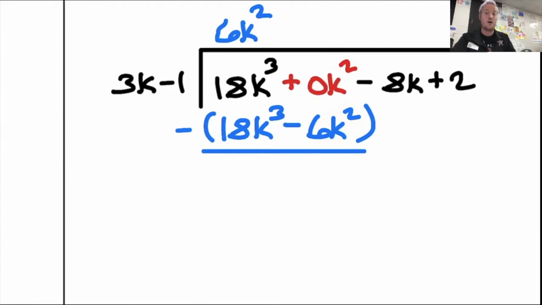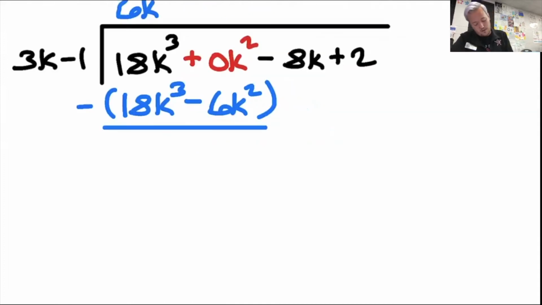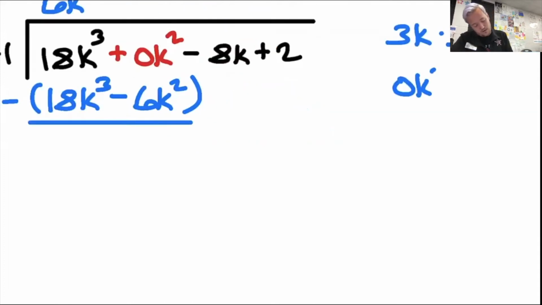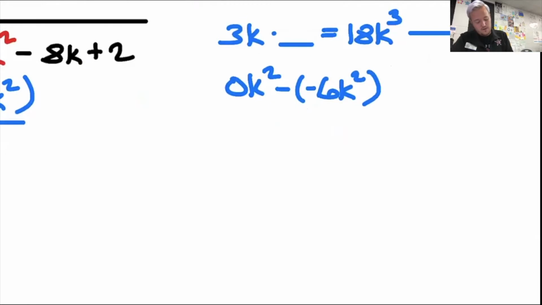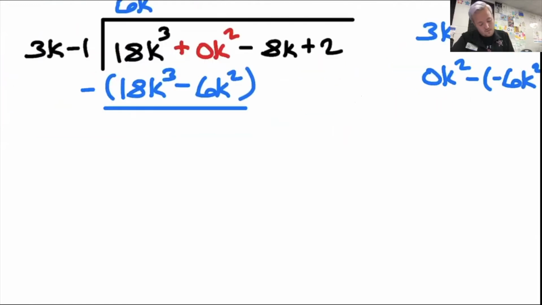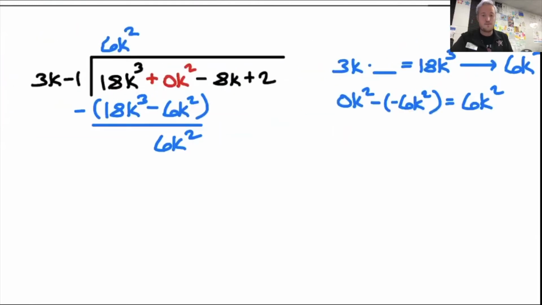That's why we had that placeholder. Now I'm going to go through, and we have 0k squared minus negative 6k squared. When you subtract a negative, that turns into a positive. So we have 6k squared. All right, so that's the first set.